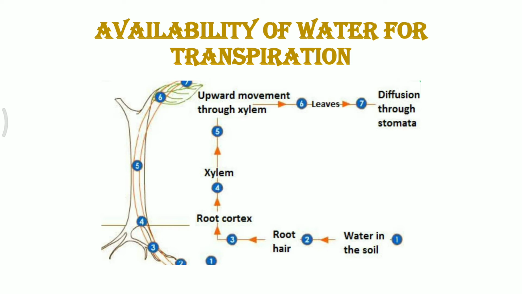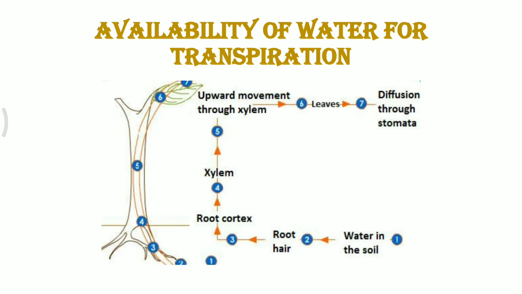After that, it moves further inside through the epidermis, then the cortex, then endodermis. While passing through the endodermis, it will encounter the Casparian strip, then through the pericycle it will reach the xylem. The types of movement taking place will be apoplastic and symplastic movement.